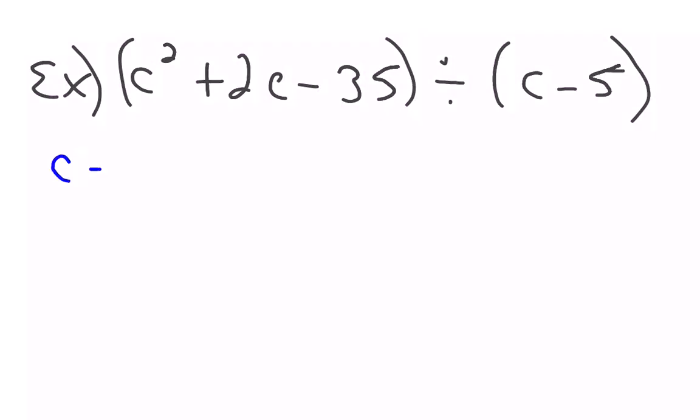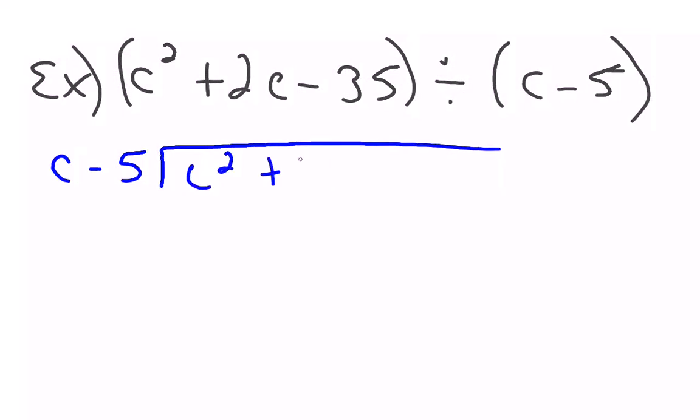So we can write c minus 5 on the outside, and on the inside is c squared plus 2c minus 35. The first thing we have to figure out, and of course we look at the leading term here to help us decide, is how many times does c go into c squared, or what times c gives me c squared.